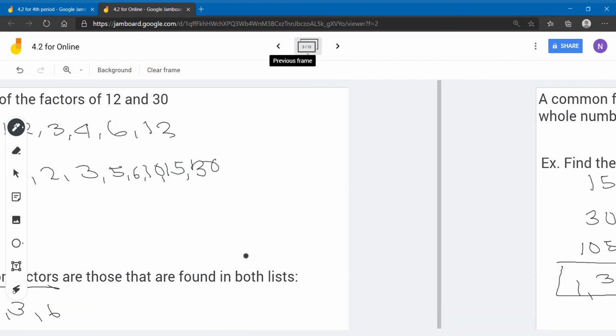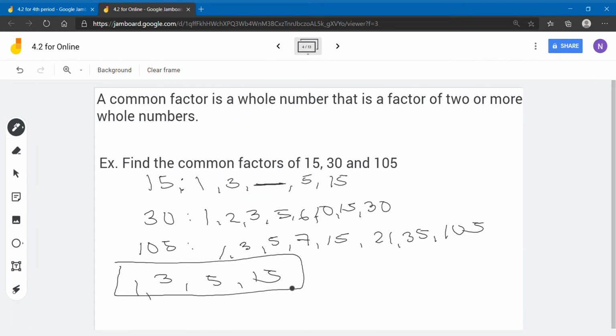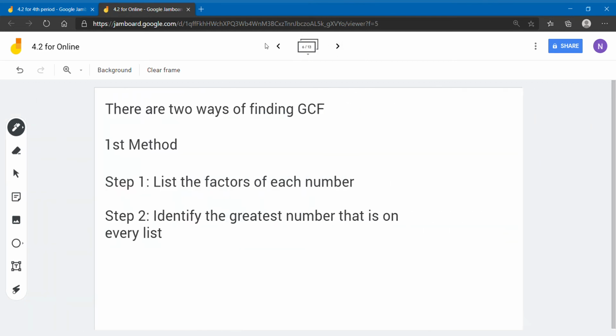So here the greatest common factor is 15 because it's the biggest of them all. Now there are two ways of finding GCF. The first method is the one we just did: list all the factors of each number and then identify the greatest number that is on every list.